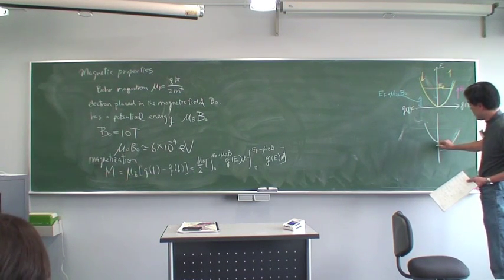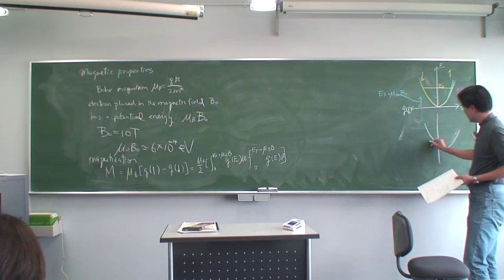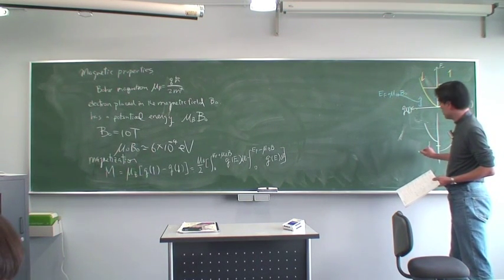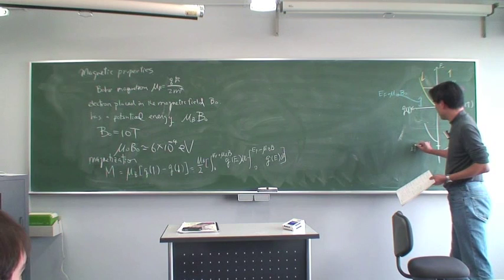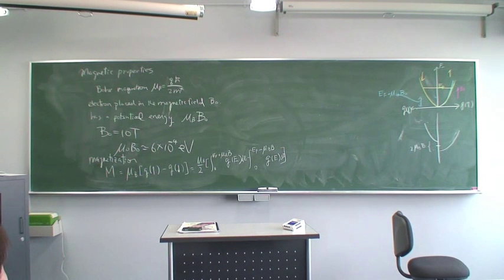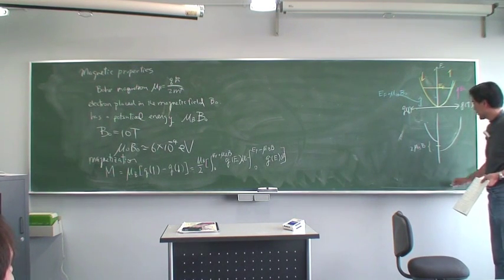So you have to have certain point, and this difference corresponds to 2 mu B B, right? Makes sense. So that's the difference. And then there's only one Fermi level.